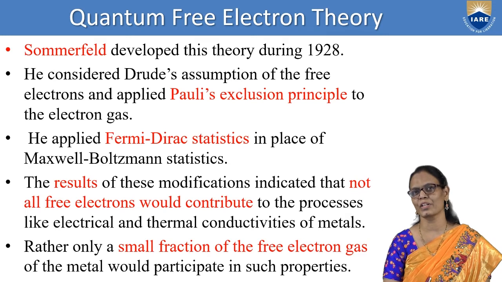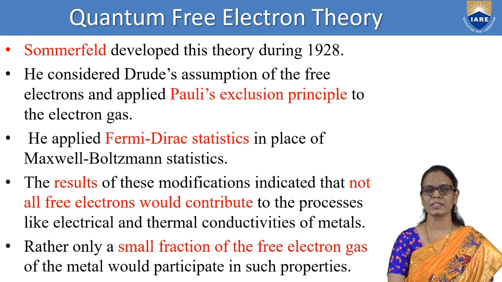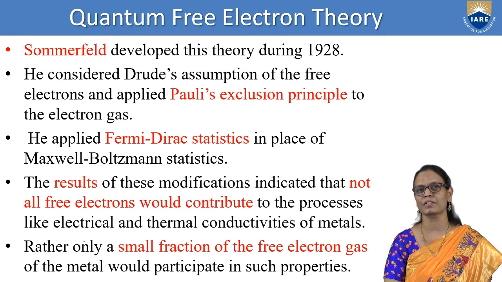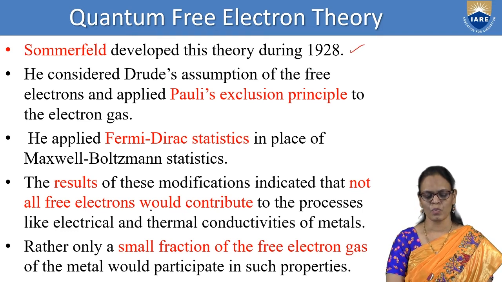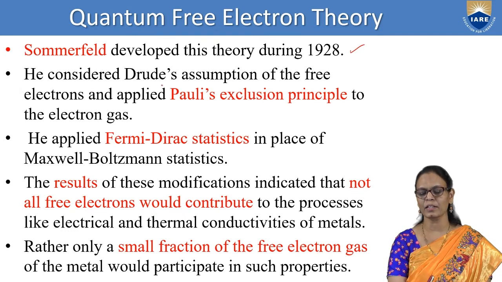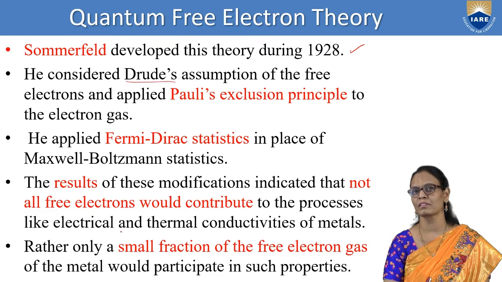Now to overcome the drawbacks of classical free electron theory, a scientist by the name Sommerfeld developed a theory in 1928. He considered Drude's assumption of free electrons. What did Drude consider?